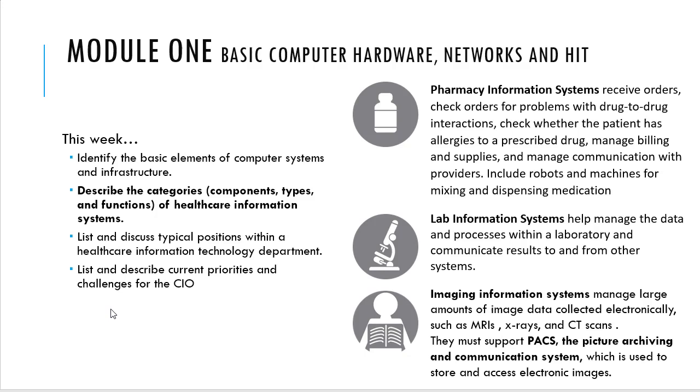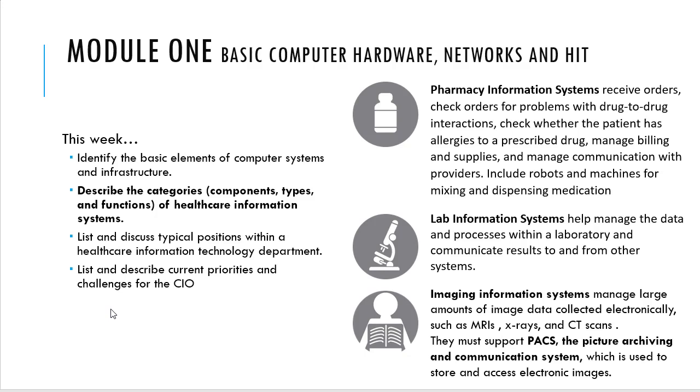We also have pharmacy information systems, and again, we talk about the decision support systems with allergies or contraindications, certainly weight-based formulations, the lab information systems, which interact with other systems to allow for transfer of information such as lab results.